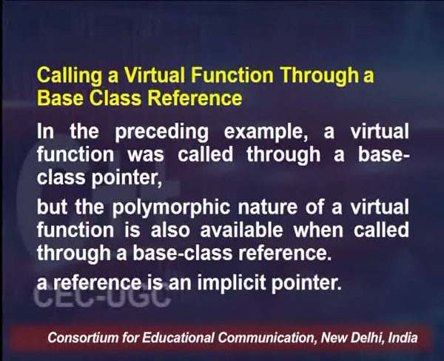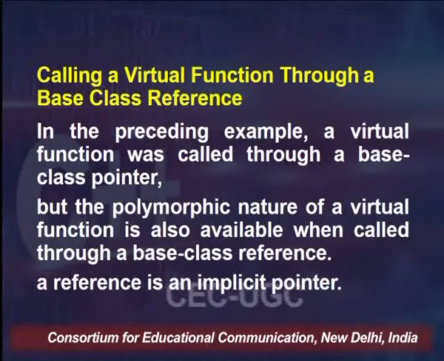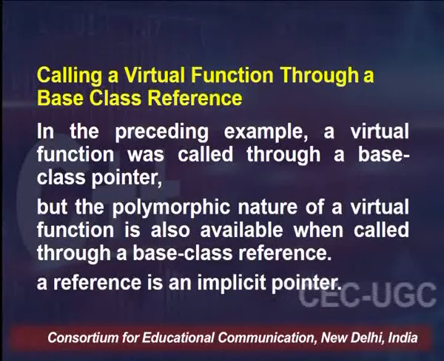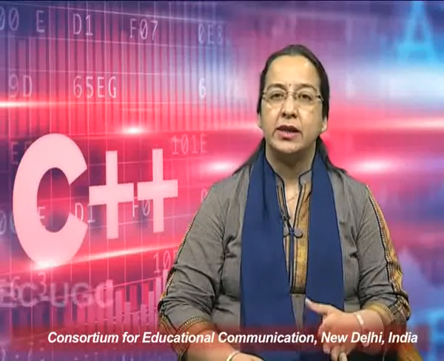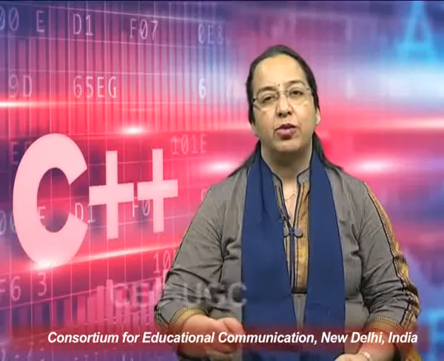In the example which we discussed in the previous lecture, a virtual function was called through a base class pointer. We took a base class pointer and the virtual function was being called for different versions depending upon which object that base class pointer is pointing to.